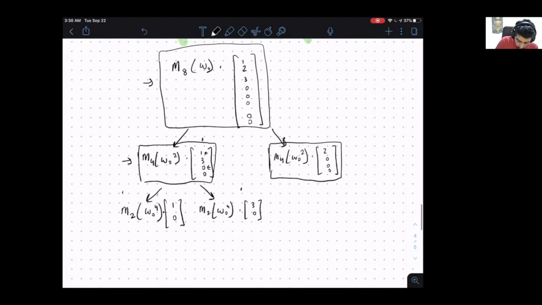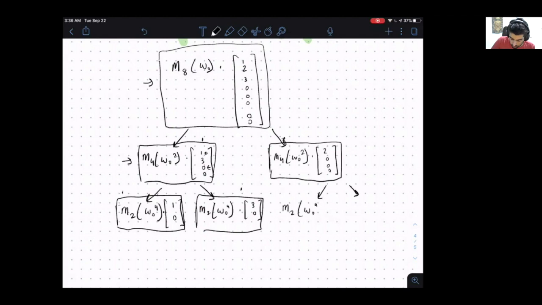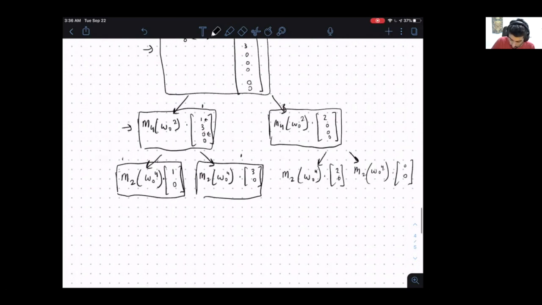Okay, so I think you see where this is going, but I'm just going to keep breaking down this FFT recursion tree. So this is equal to M2 of omega naught to the fourth times 2, 0, and M2 of omega naught to the fourth times 0, 0.